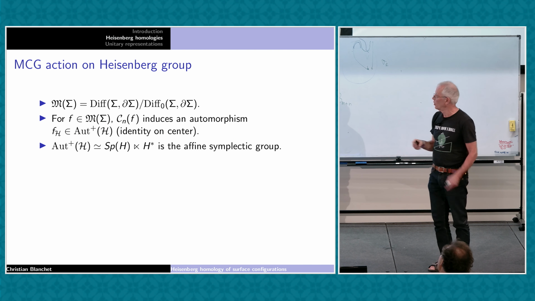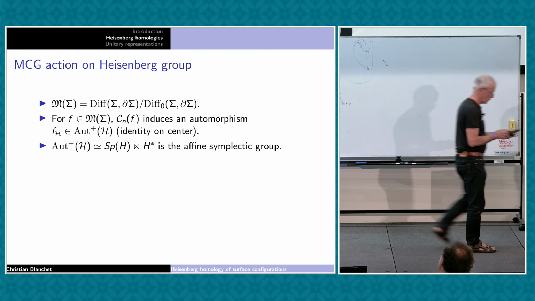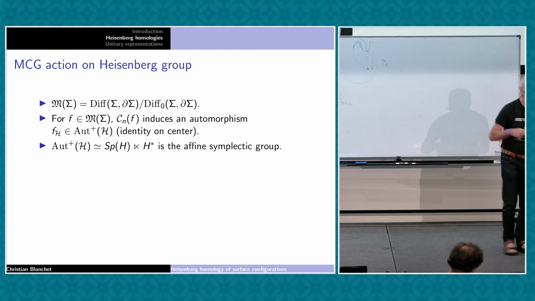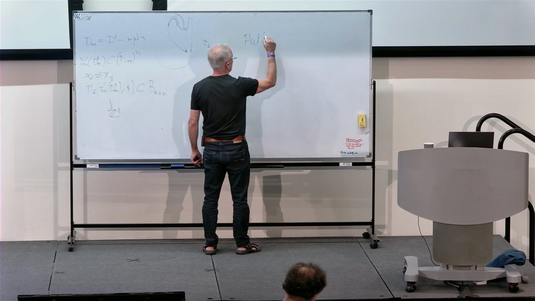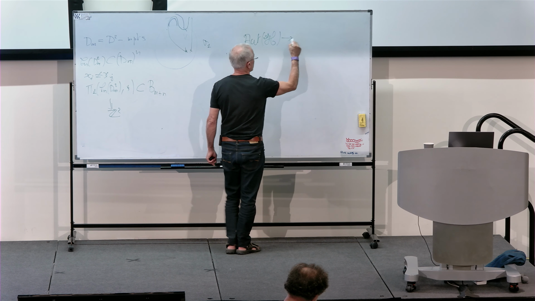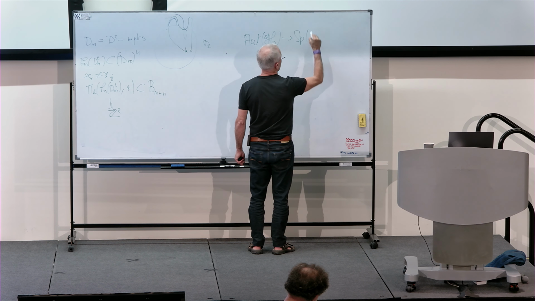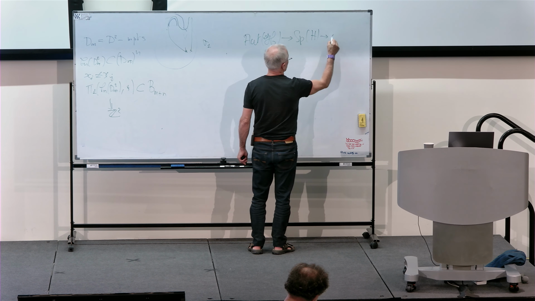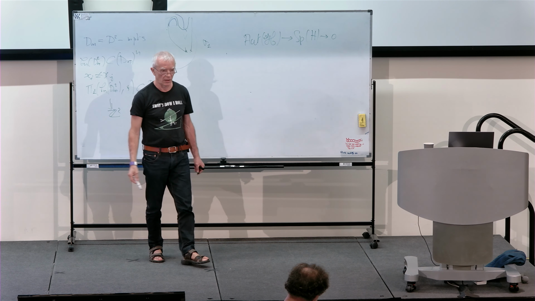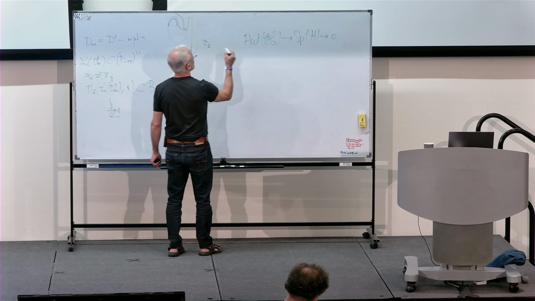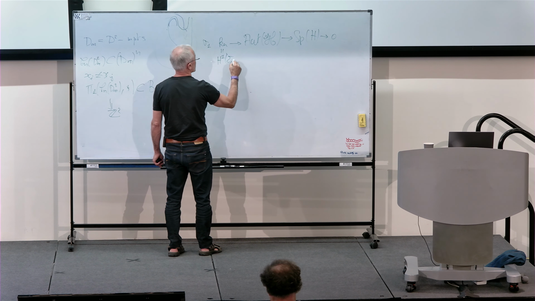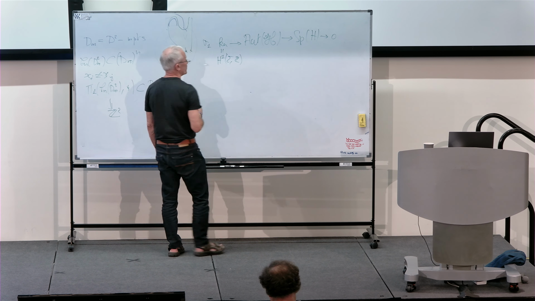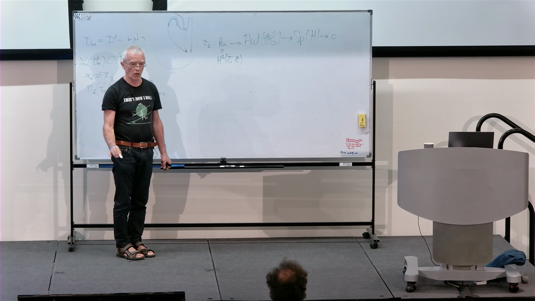This automorphism group has a map to the symplectic group, but you have a kernel. So you have this automorphism group of H, then you go to the Sp of H, and this map is surjective. But here you have a kernel, and this kernel can be identified with H^1 of sigma with Z coefficients, the dual of the lower homology.